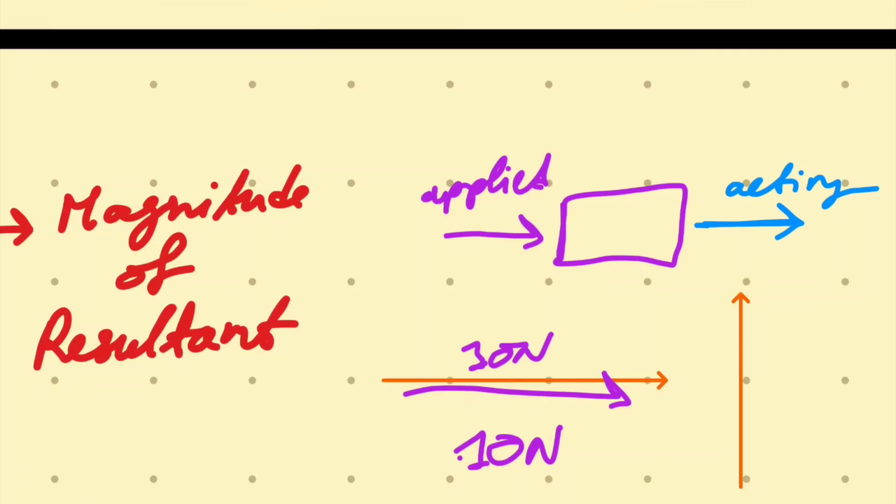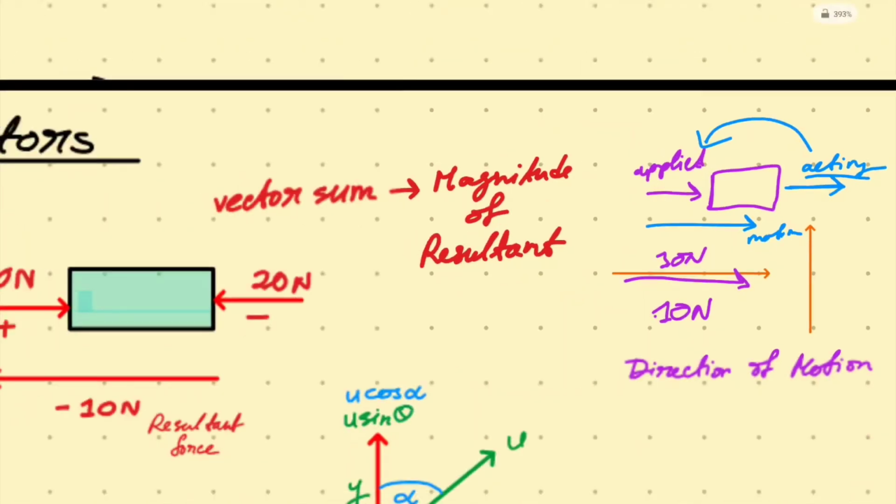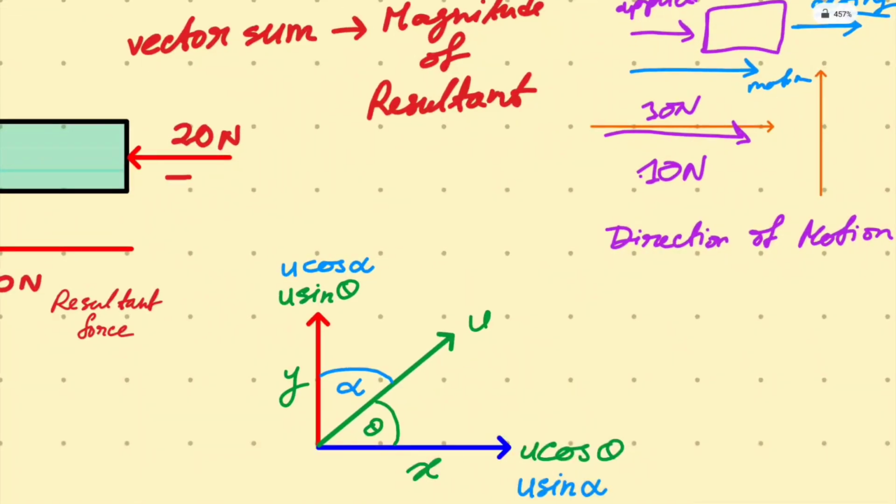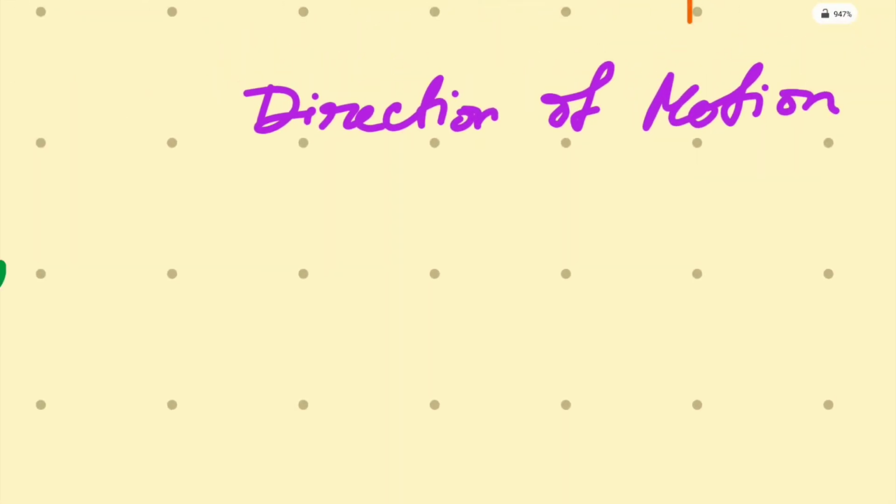If my applied force is parallel to the direction of motion, the force acting on the object must be equal to the force applied. Might sound a bit confusing, so I'll write it down here.